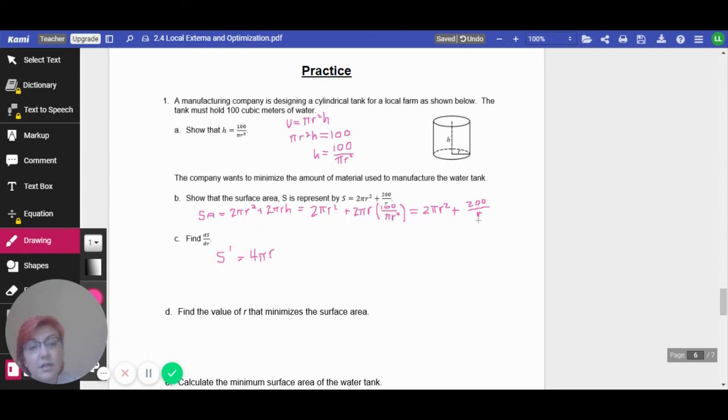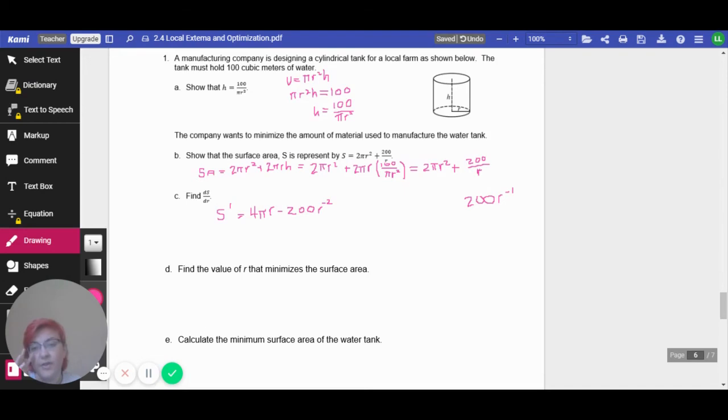And then remember that is written 200 r to the negative 1. So negative 1 times 200 is negative 200 r. And then negative 1 minus 1 is negative 2.